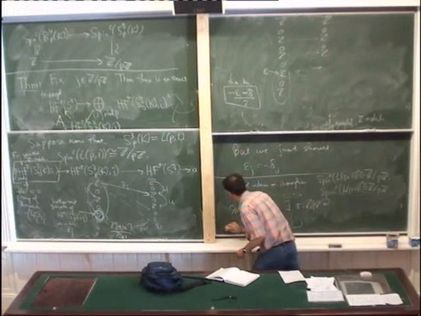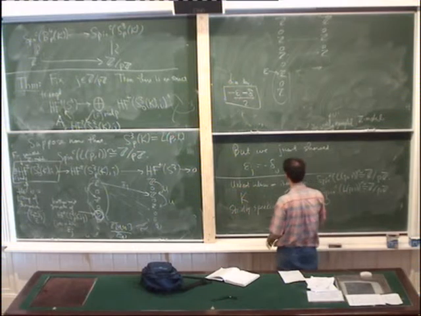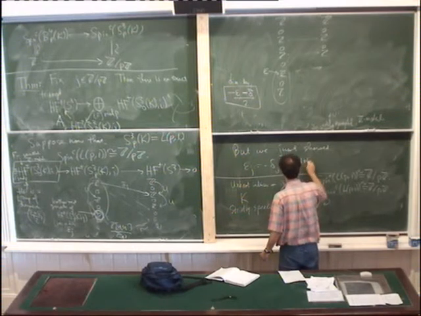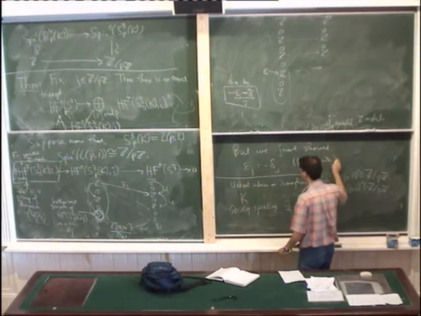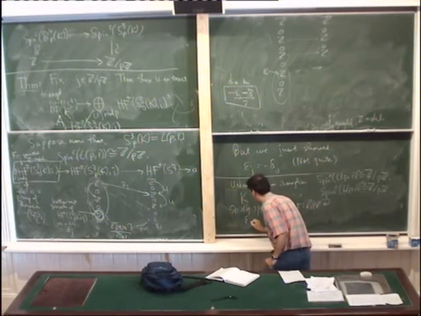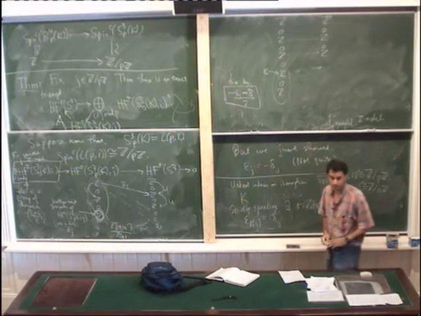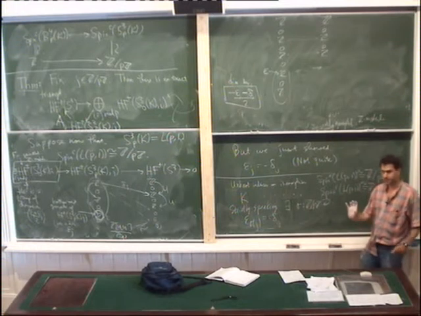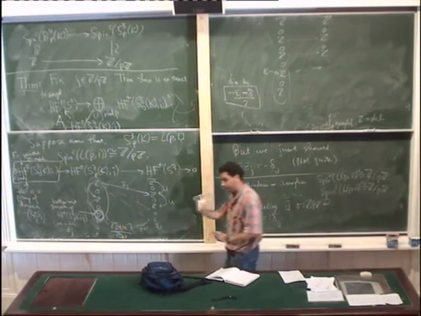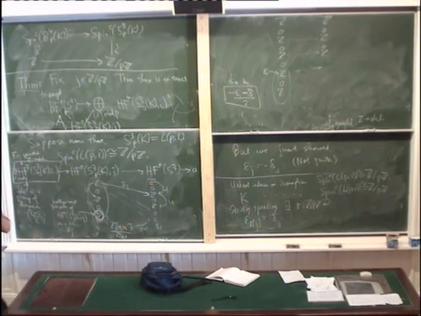But what we know is that there exists some permutation with the property that, not quite. What we really showed is that there's a permutation with the property that epsilon of the permutation of j is equal to minus delta j. Right? Because I'm using the same j to index two different things.